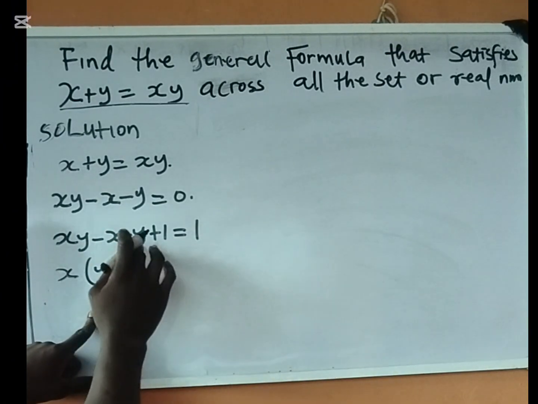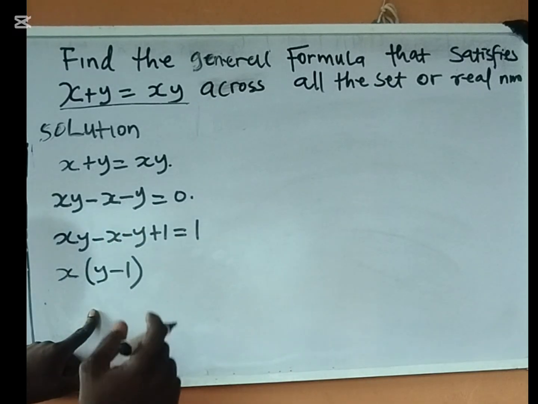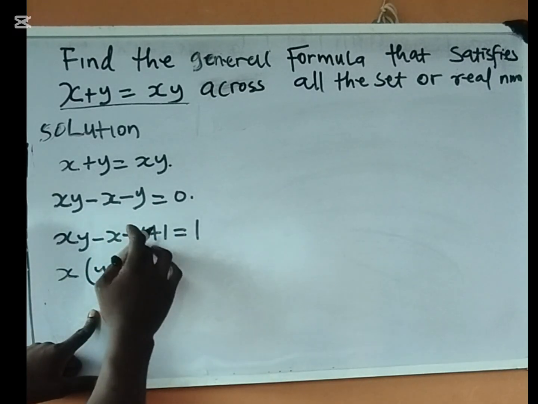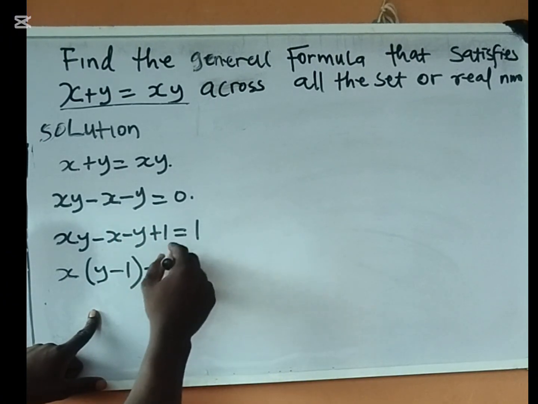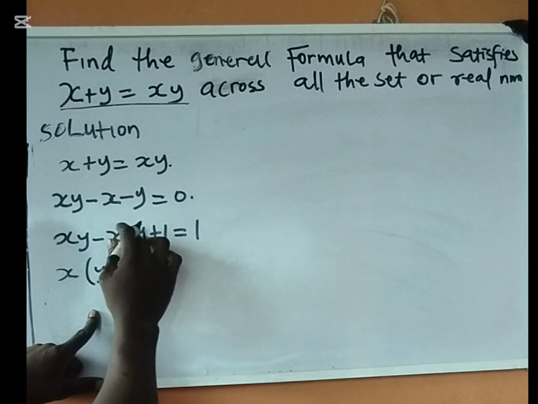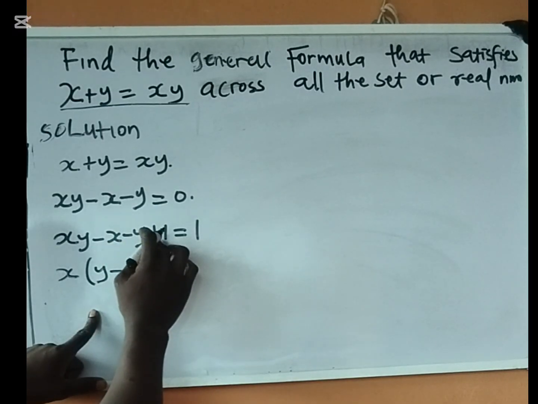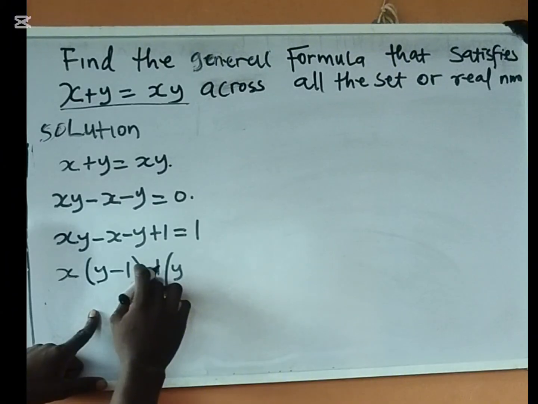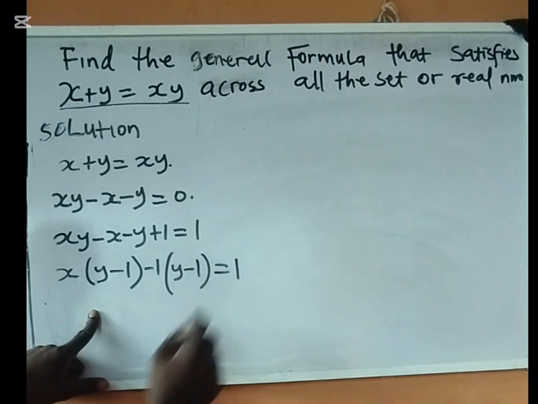I close the bracket. Look at these two terms, minus y plus 1. What is common to both is minus 1. Minus y divided by minus 1 is y, and plus 1 divided by minus 1 is minus 1. This is equal to 1.